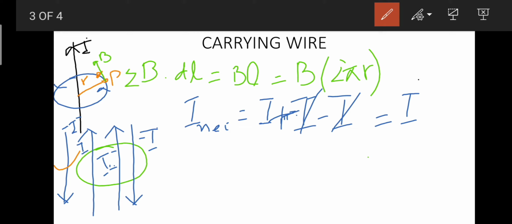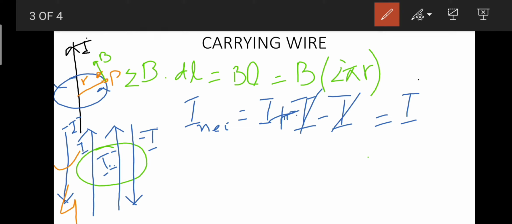Net current involves only those wires or conductors which are lying inside the Amperian loop. This fourth wire is drawn outside the Amperian loop, so it will not be considered, right?